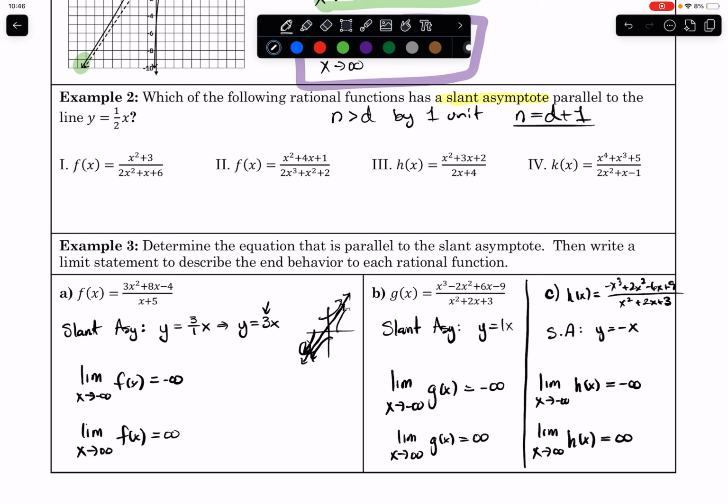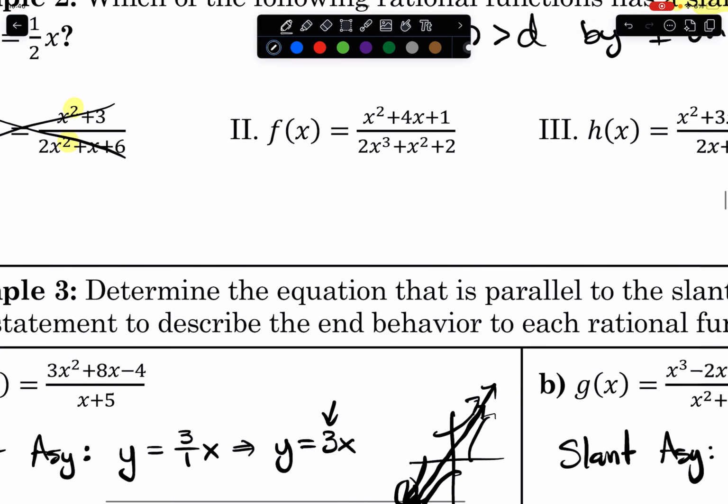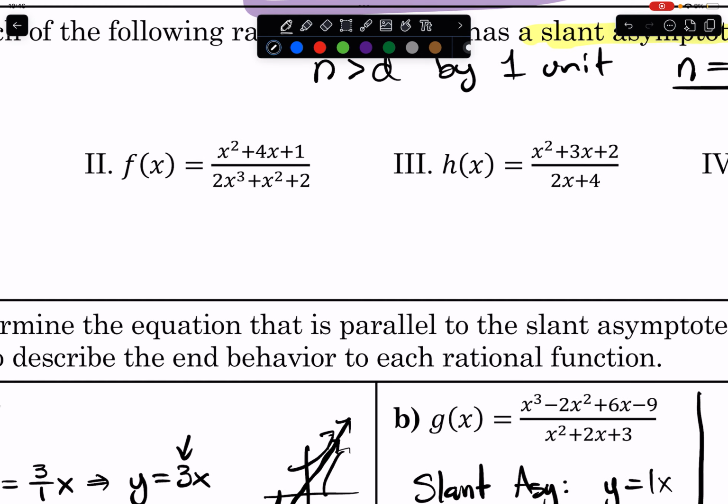So that eliminates the first one because those degrees are the same. Let me zoom in here. Those degrees right here are both the same, so this one is out. These ones are not the same, but it's in the opposite order. We need this number up here to be bigger than the one on the bottom, so this one is out.